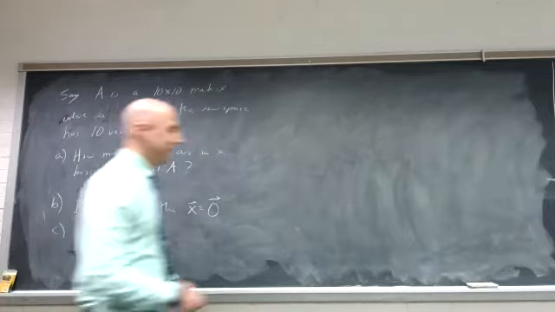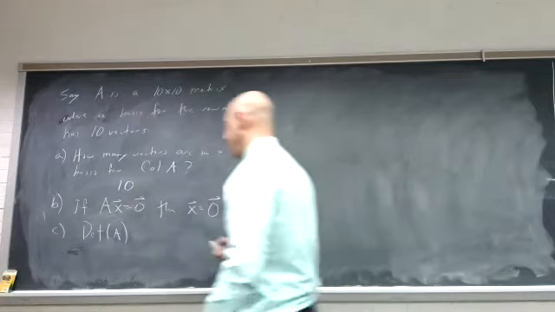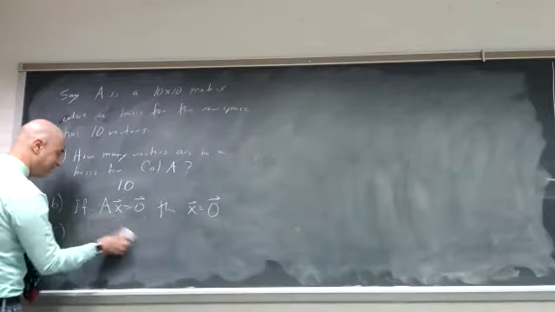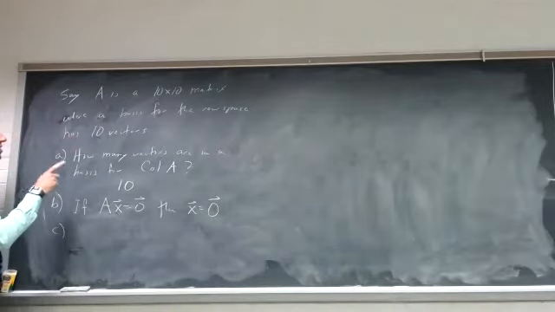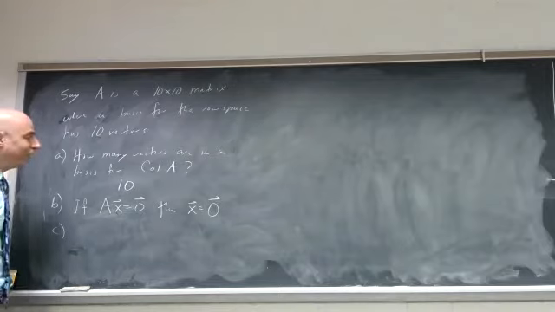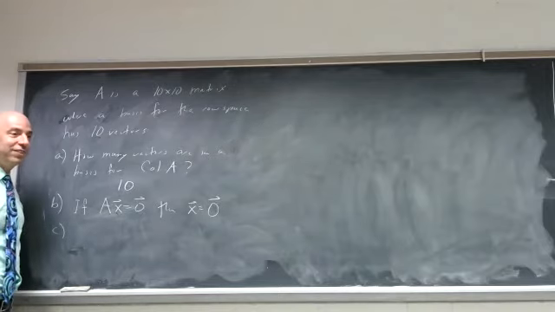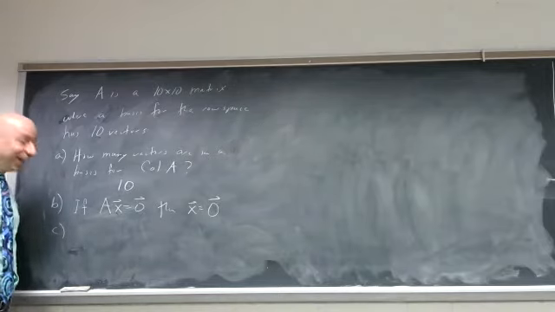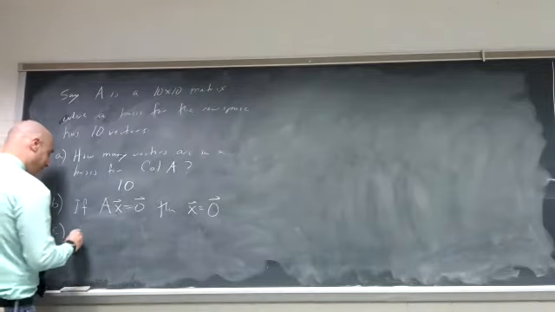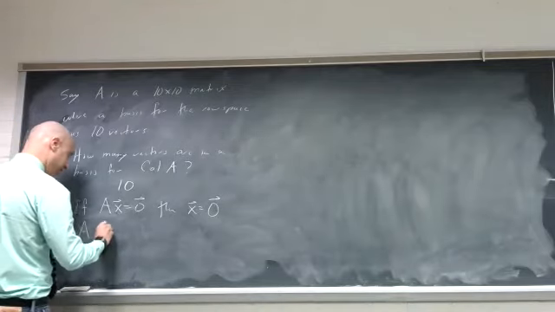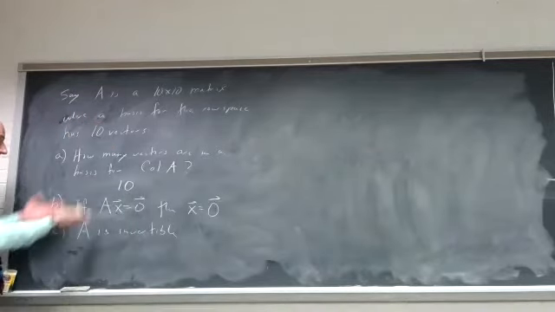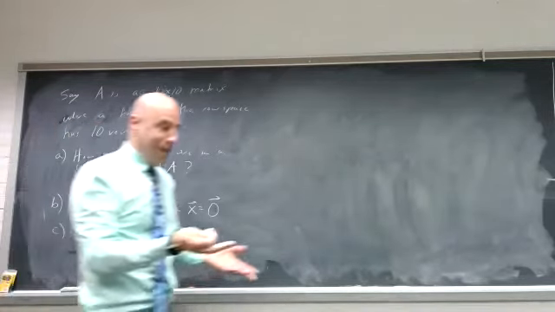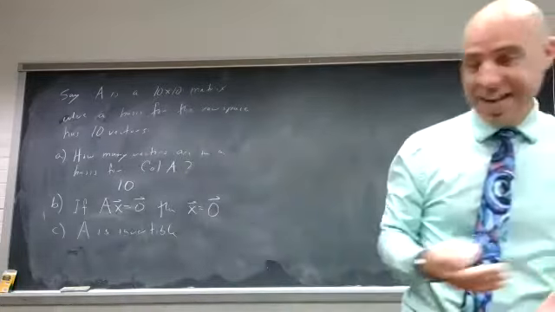Let's come back to that in part B. I'll ask a different question first. In part C, let me ask you this. Is A invertible or not invertible? A is invertible? It is invertible. Absolutely, it's invertible. Its rank is 10. The only 10 by 10 matrices that are invertible have rank 10.